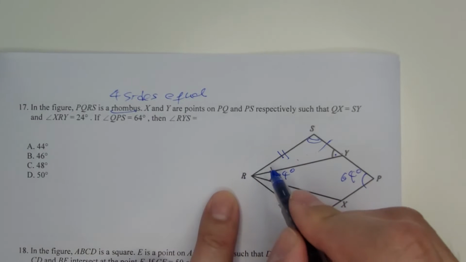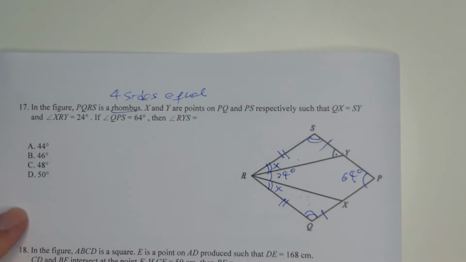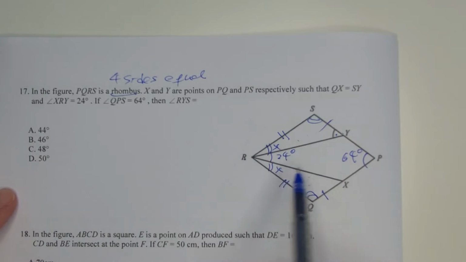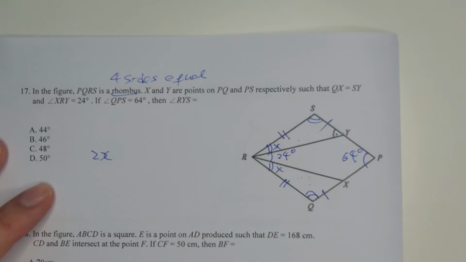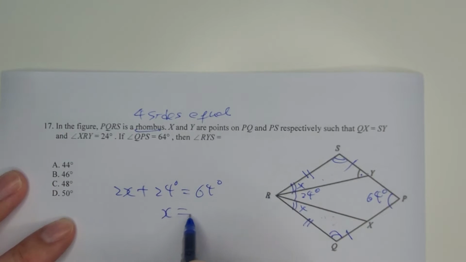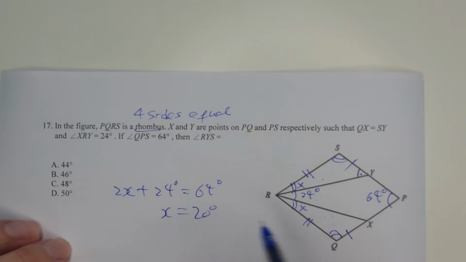That means these two angles are actually equal. And again, we apply the property of the parallelogram: the opposite angles are equal, so 2x plus 24 degrees is 64 degrees, and you get x is 20 degrees.